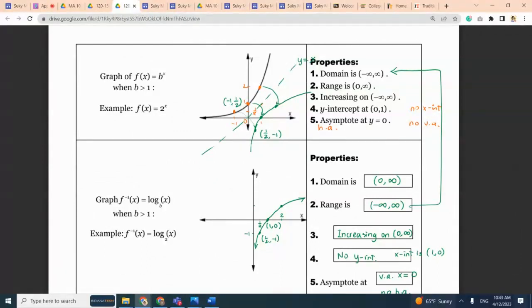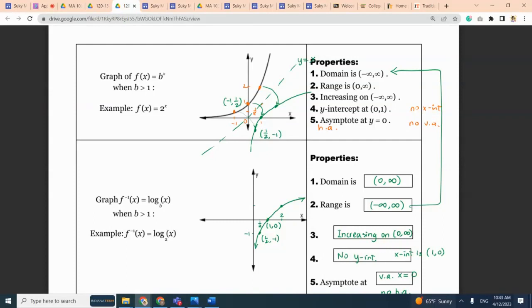Yes. So based on the exponential function, you can draw the graph of the log. So this picture is when the base is greater than 1. And you can see the domain, it was minus infinity to infinity, and now it becomes the range.